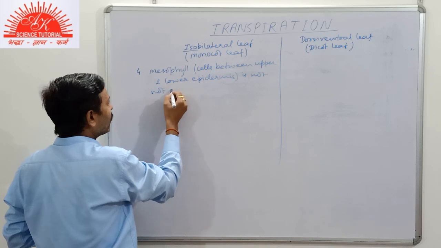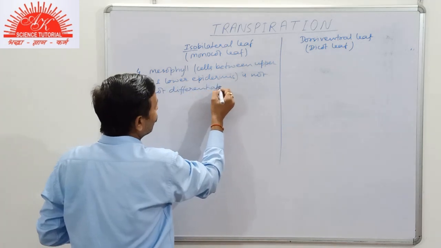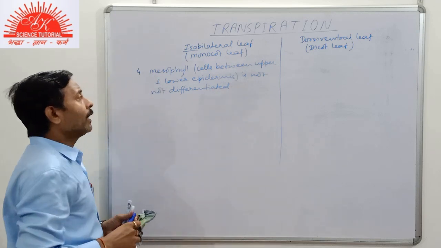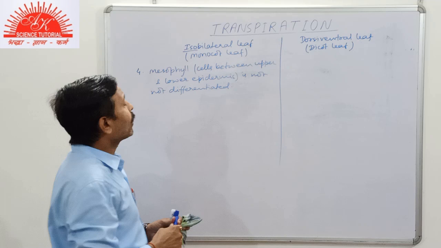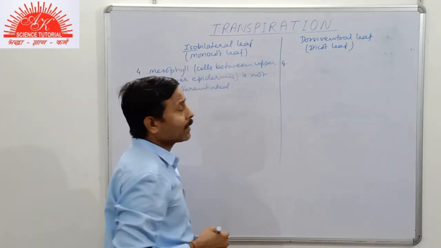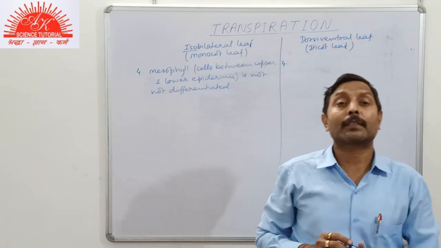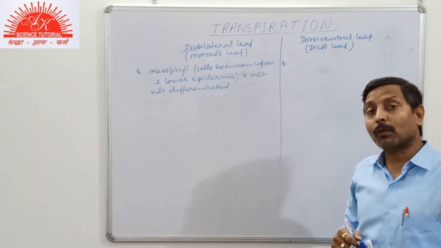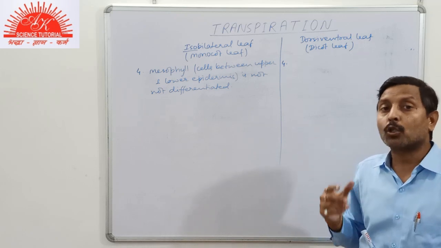Not differentiated means there is no differentiation between cells of the mesophyll. It is equally arranged. But in the other case, the cells of the upper surface contain maximum chloroplast, and on the lower surface there are more stomata.